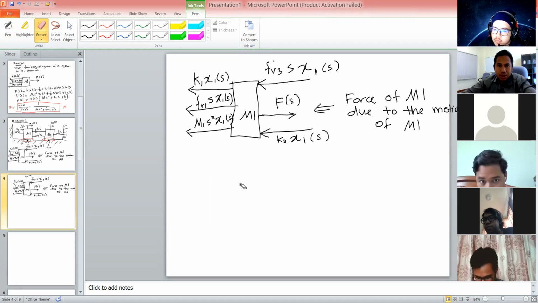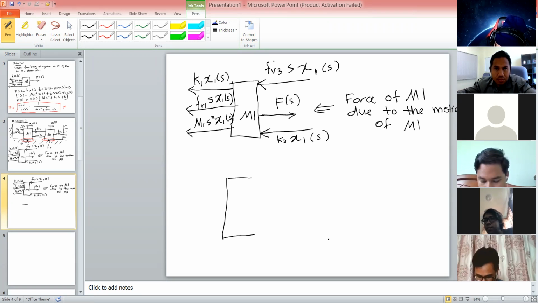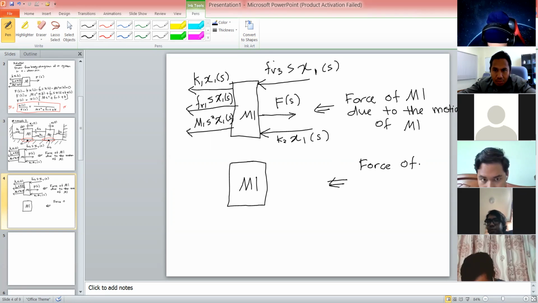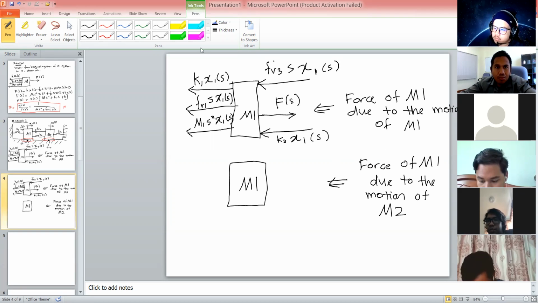Okay, the top one was the force of M1 due to the motion of M1.